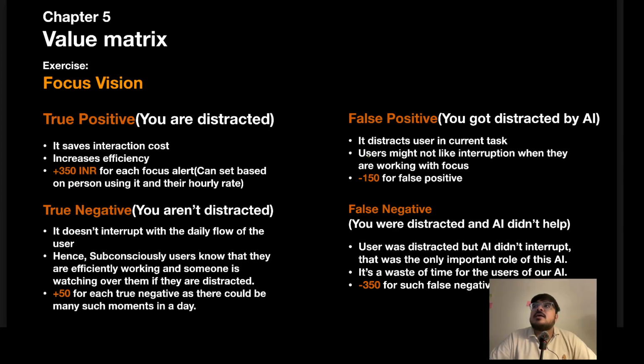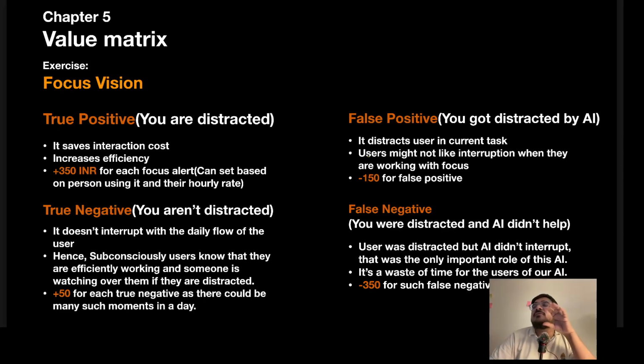But here you could be focused, and it detected the situation in a wrong manner, so it was a false positive. In that case you want to subtract points, like 150 points you want to remove.